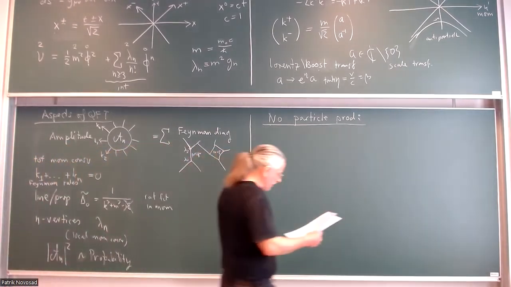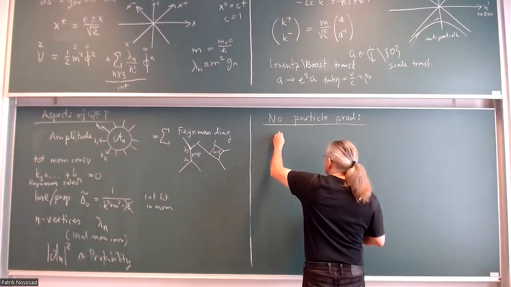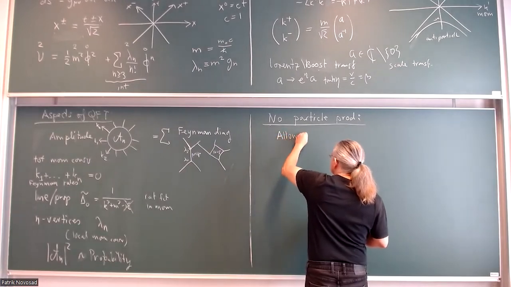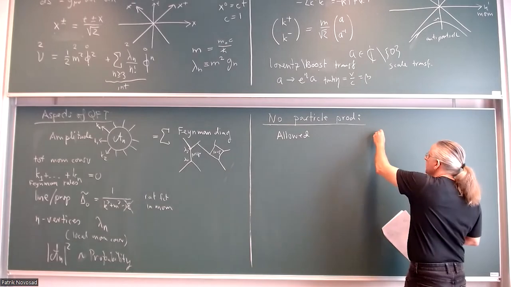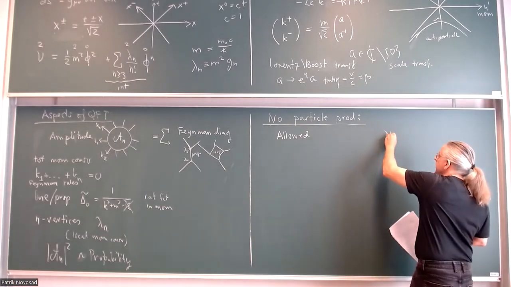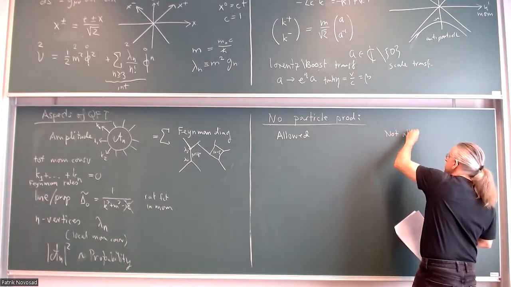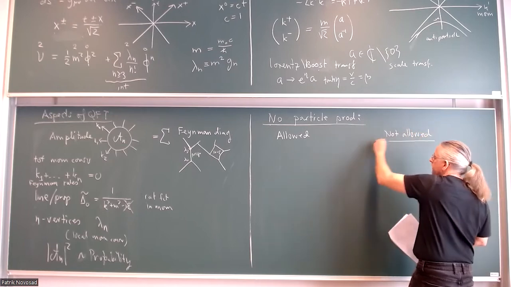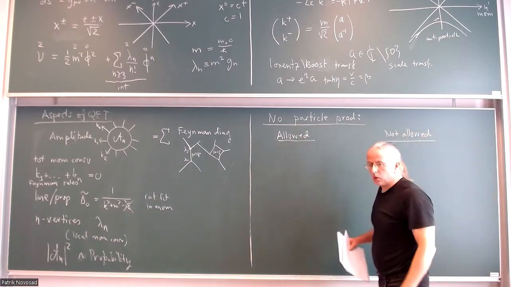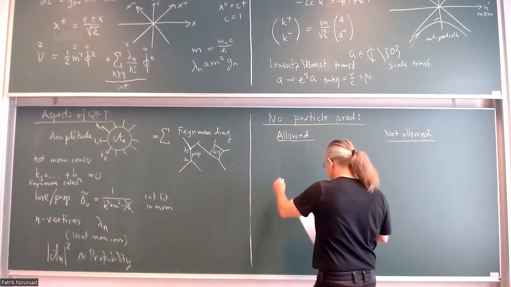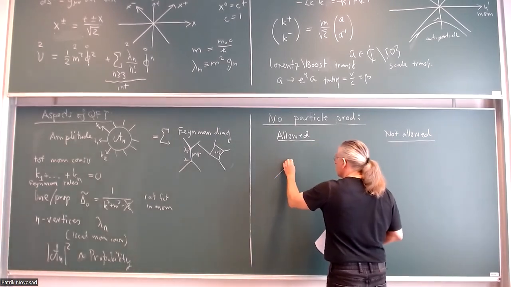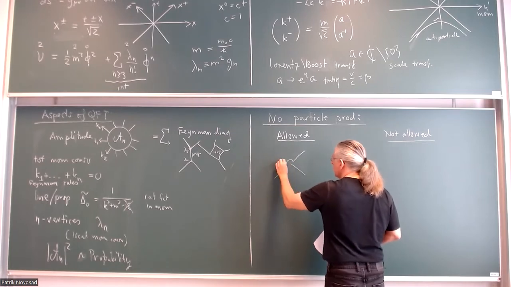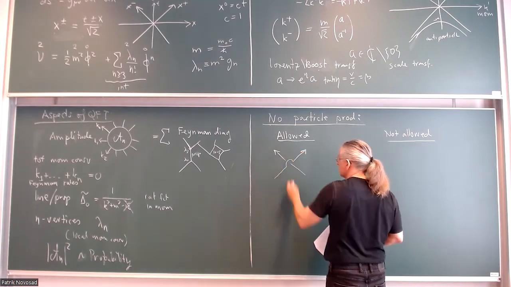By no particle production, I mean that certain diagrams, or amplitudes, are allowed, and some are not allowed. The allowed ones would be that we have two particles going through like this here.